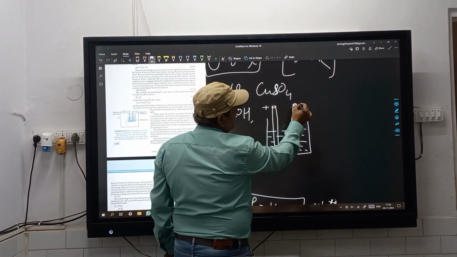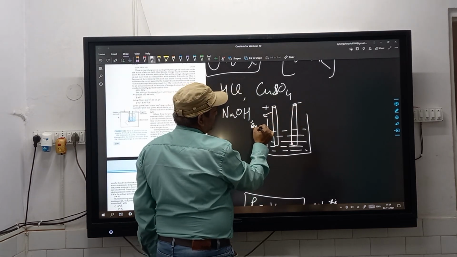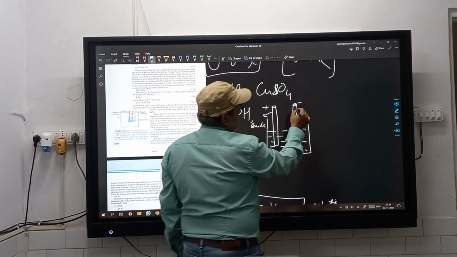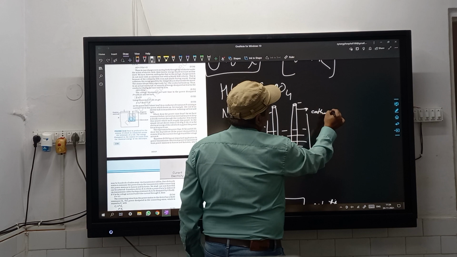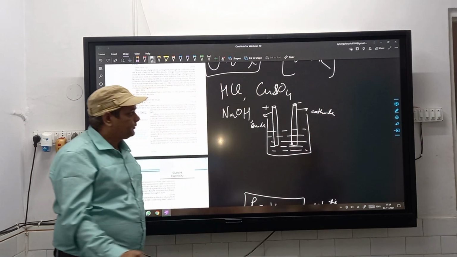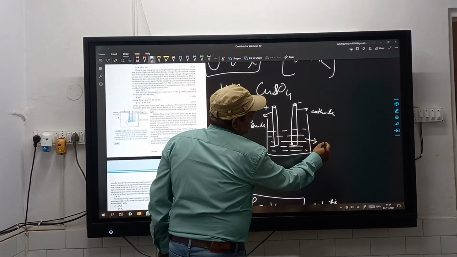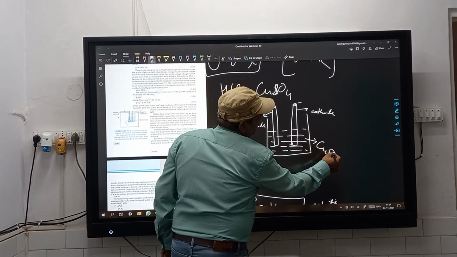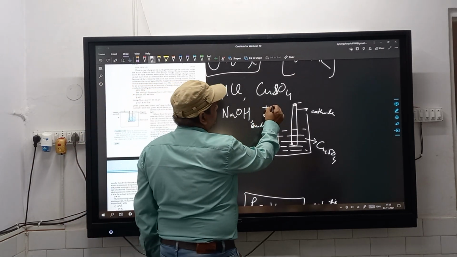One is positive, the other is negative. This is called anode, and this is called cathode. Cathode and anode are dipped in, suppose, copper sulfate solution.